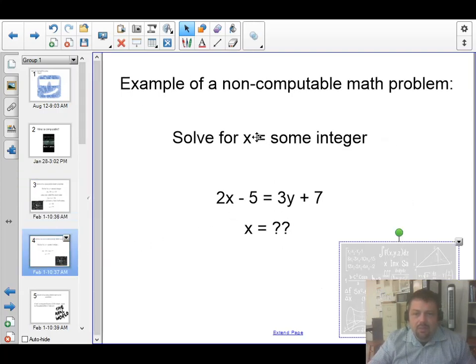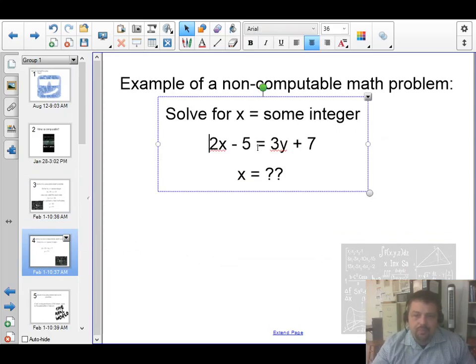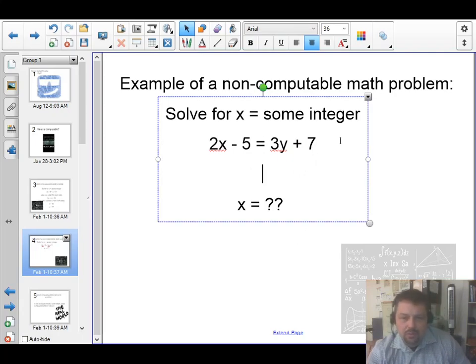Here's another math problem, and our task is the same. We want to get x equal to some integer. The first thing we'll do is just try using rules of algebra. If I want to get x by itself, I need to add 5 to each side.